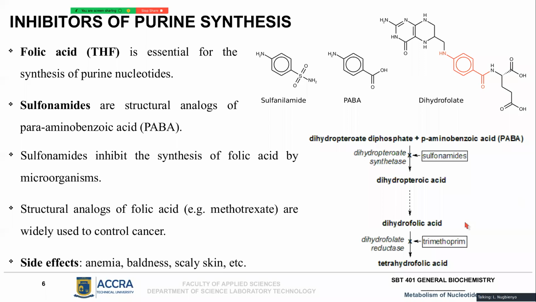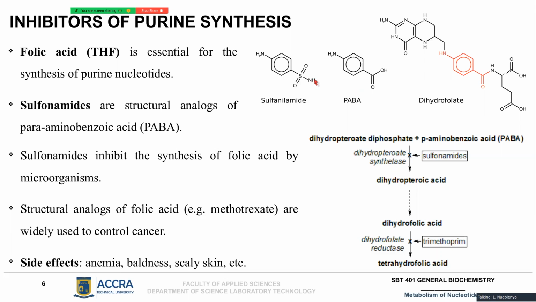And the synthesis of folic acid in bacteria starts from para-aminobenzoic acid reacting with a compound, dihydropteridine diphosphate, which further goes down the reaction to give you tetrahydrofolic acid. Now, looking at the structure, the sulfonamide is a structural analog. It looks just like para-aminobenzoic acid, and so acts just as if it is para-aminobenzoic acid.